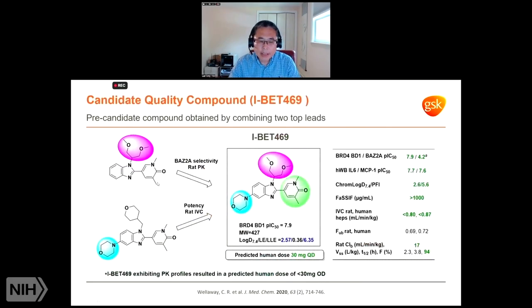So by combining these two series, we identified this preclinical compound IBAT469, which shows very good potency as well as PK profile and cell activity, and which results in a pretty low human dose of 30 mg QD.